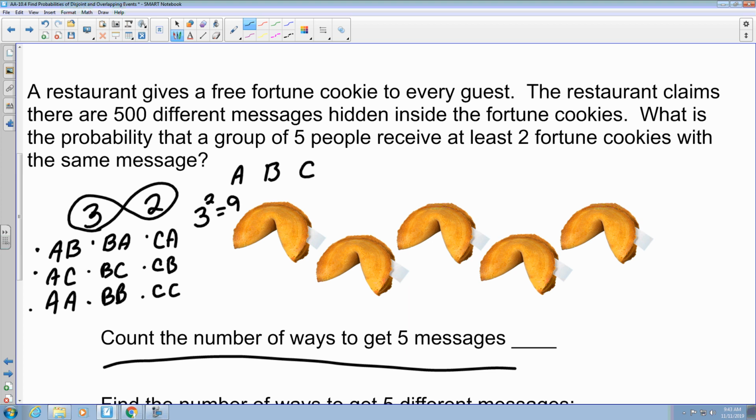So the number of ways that we could get 5 messages: there were 500 messages for the fortune cookies and five received, so it'd be 500 to the fifth power, 500 times 500 times 500 times 500 times 500. Really big number, in the trillions.